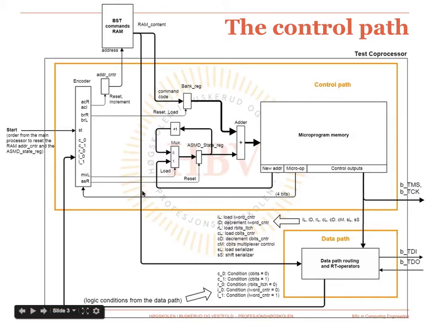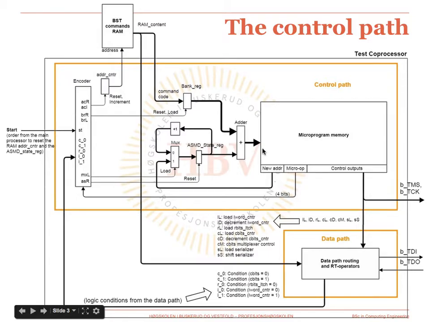If we want to jump to any other microprogram memory positions, for example, we can use the new address field and set the multiplexer load control input to 1, in which case at the next system clock cycle the ASMD state register will load the new microprogram memory address offset.